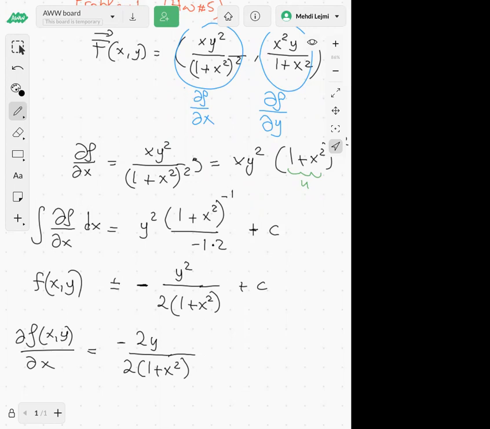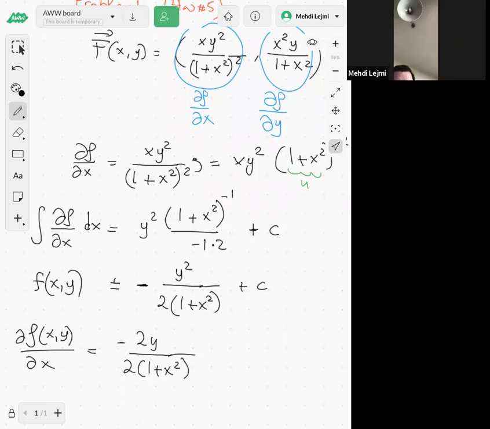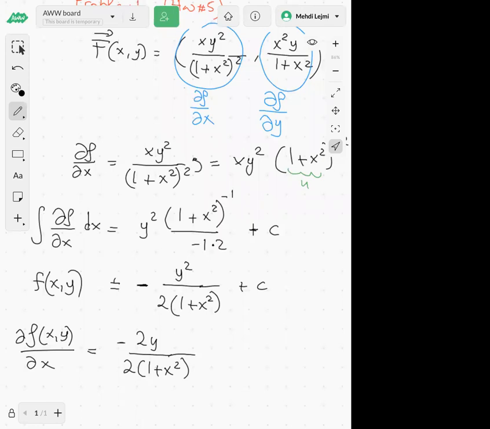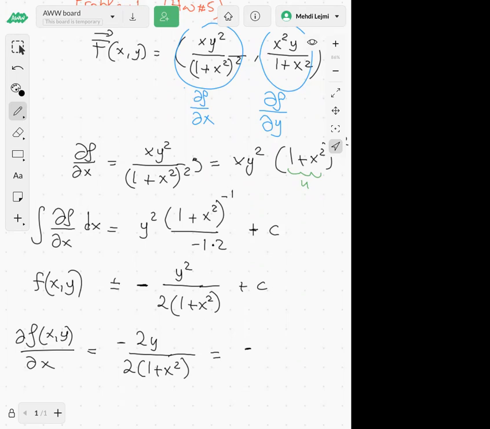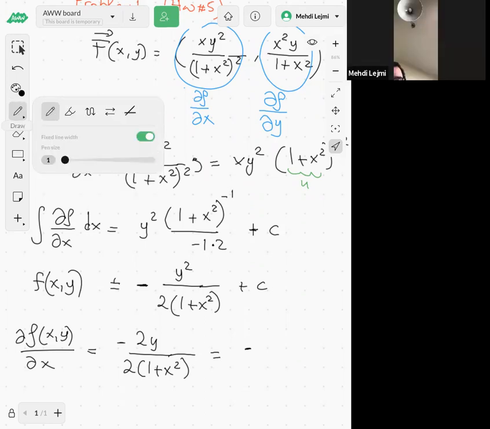I think it is, because when I found the partial of N and partial of M, they were equal. Yes. Okay. It's just that the scalar potential f is a little complicated. Sorry, I forgot: here it's not plus a constant, of course.